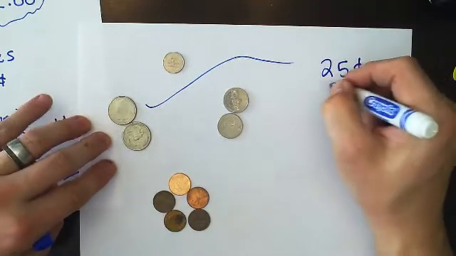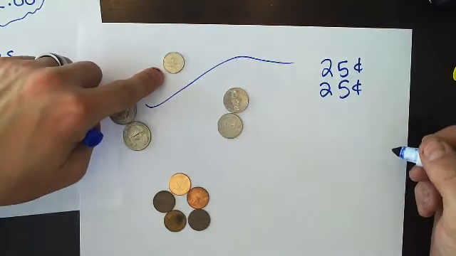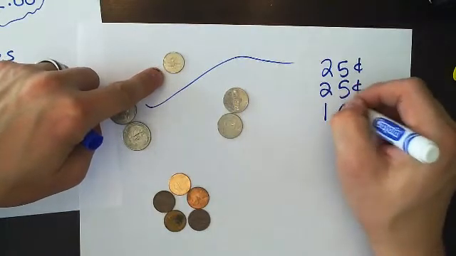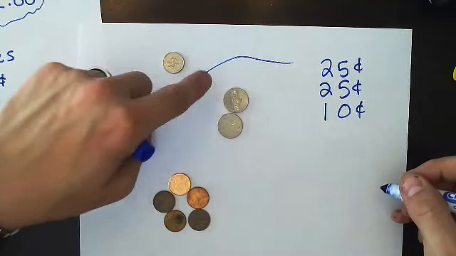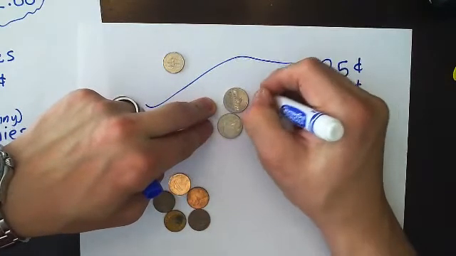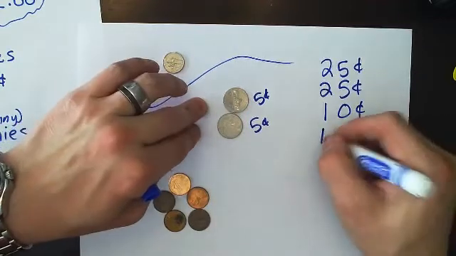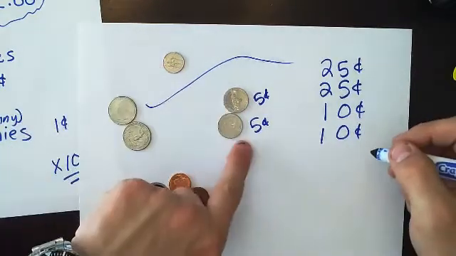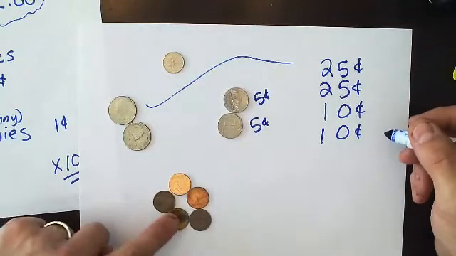So this would be 25 cents plus 25 cents. I have a dime, so that's 10 cents. I have 2 nickels here. So these are 5 cents each. 5 cents plus 5 cents would be another 10 cents. It's easier sometimes if you can combine these before you start to actually add them up.